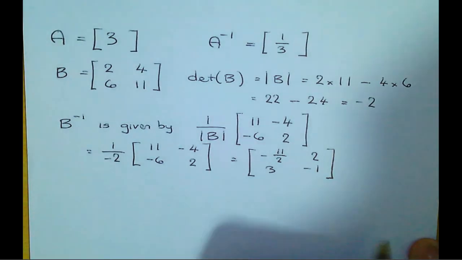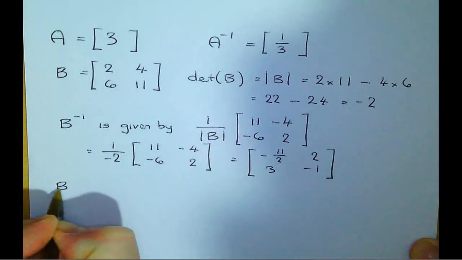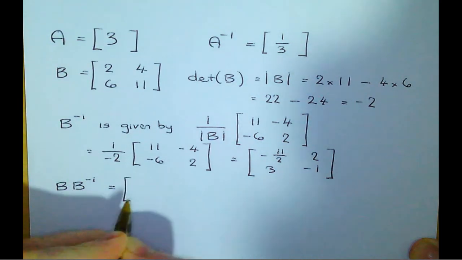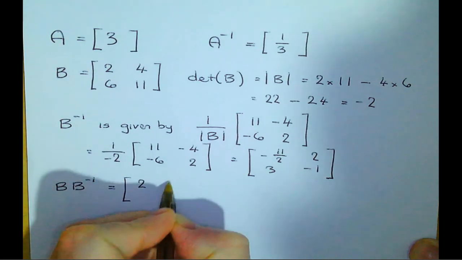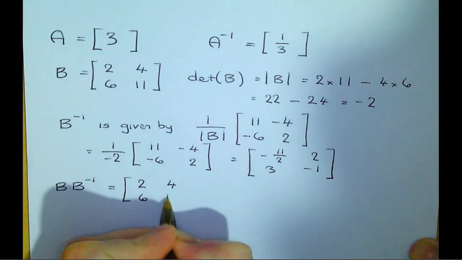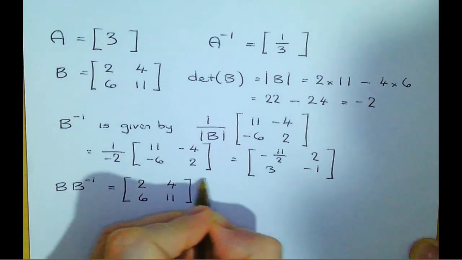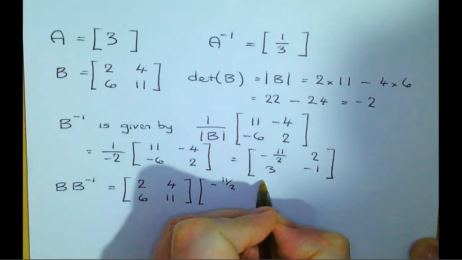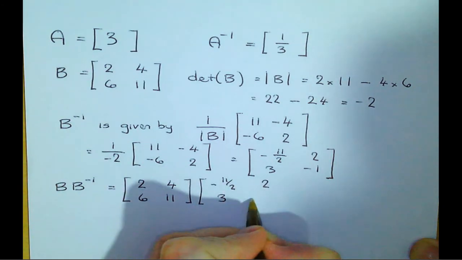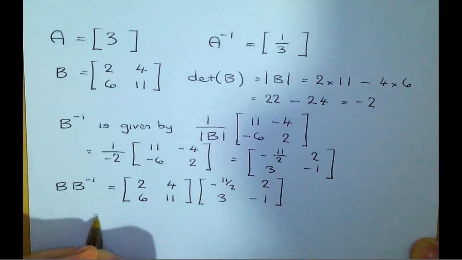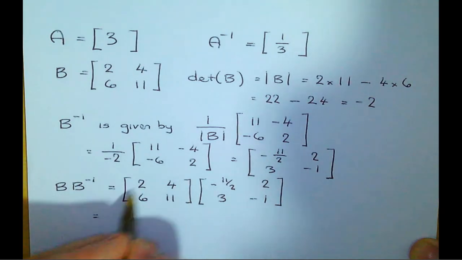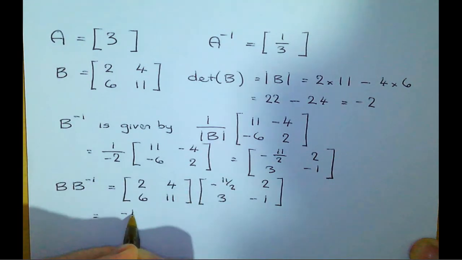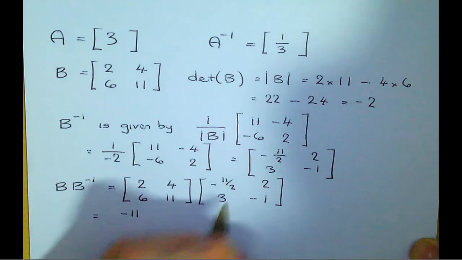We can check. We might want to write B inverse. Well, here's our B, 2, 4, 6, 11, multiplied by -11 over 2, 2, 3, -1. So when we multiply now, 2 times -11 over 2, that's -11 plus 4 times 3.